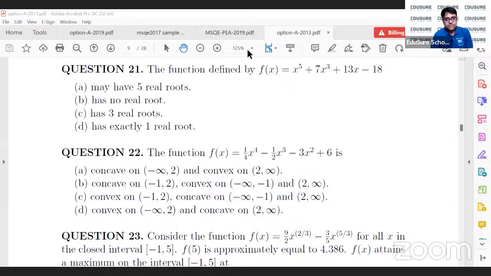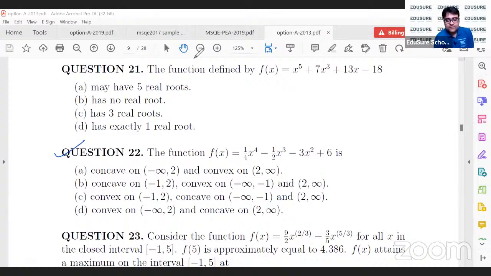This is DSC 2013, question number 22. Please take a look at this. Put your answer in the poll.